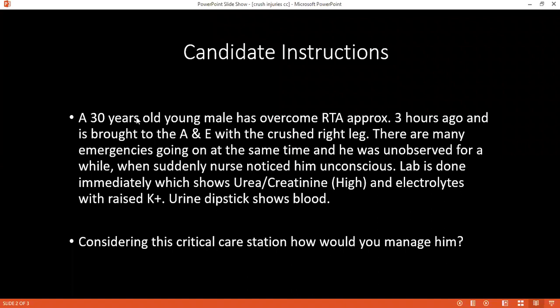Okay. Considering it a critical care scenario, kindly tell me how you would manage this patient. I will manage this patient according to the ATLS protocol through the ABCDE approach. I will start with cervical spine immobilization in the form of a hard collar, sandbags, and tape. Then airway patency: if the patient can talk, it is patent.